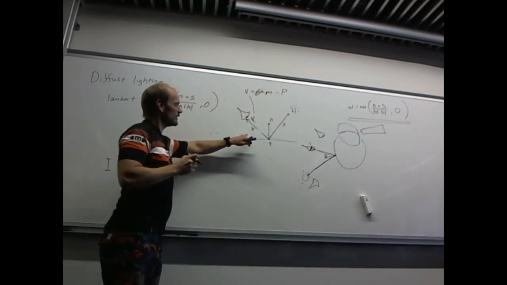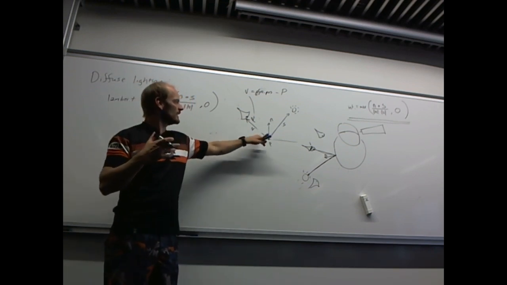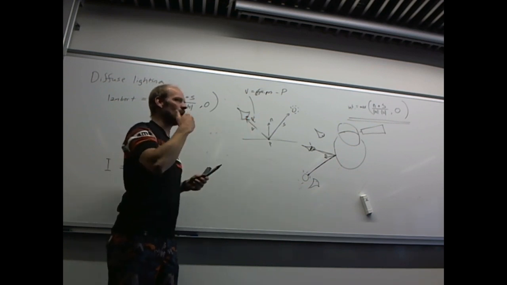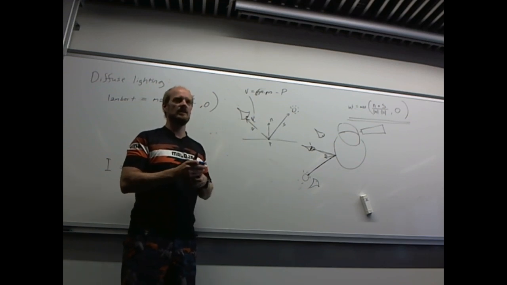So can I somehow change this problem around a bit and say, what is the vector around which I should reflect so that S will hit V exactly?